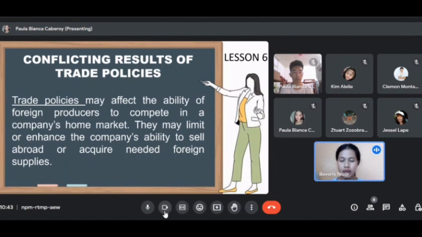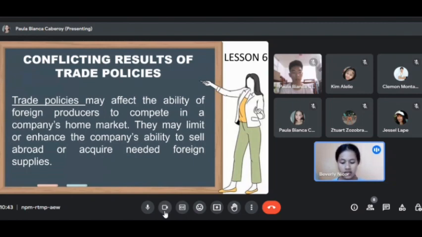Conflicting results of trade policies. Trade policies may affect the ability of foreign producers to compete in a company's home market. They may limit or enhance the company's ability to sell abroad or acquire needed foreign supplies. The collective governmental restrictions and support to influence international trade competitiveness are known as trade policies.